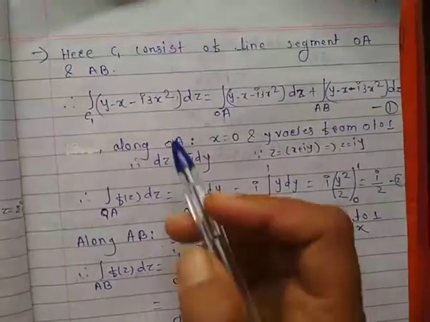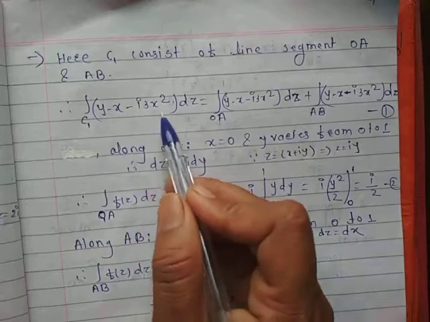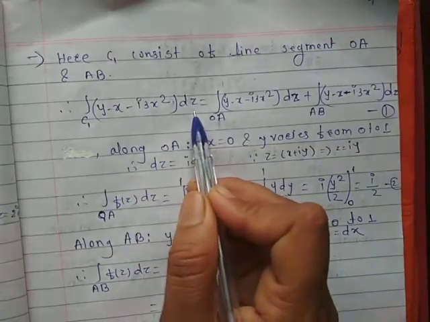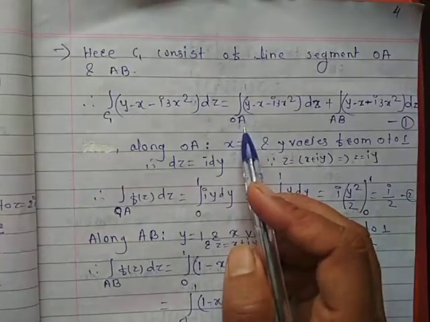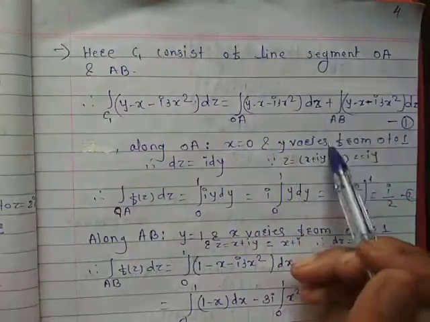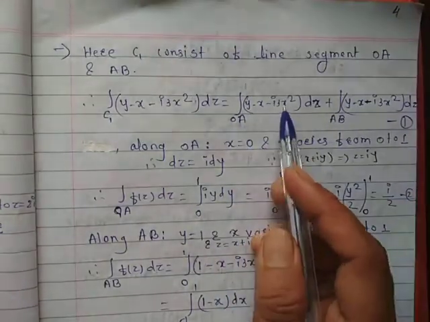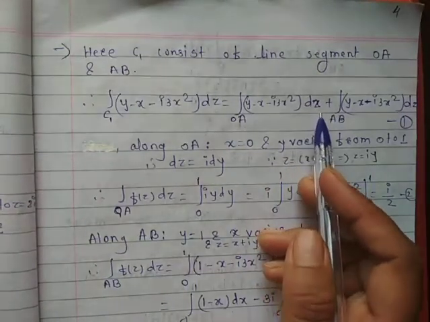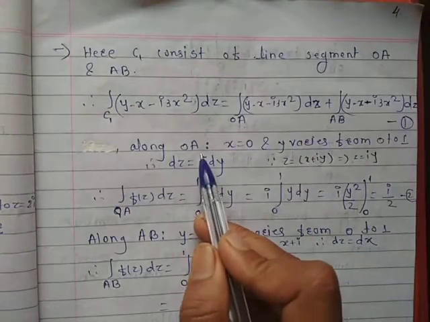So integral over C1 of y minus x minus i into 3x square dz is equal to integral over OA of f of z dz plus integral over AB of f of z dz.